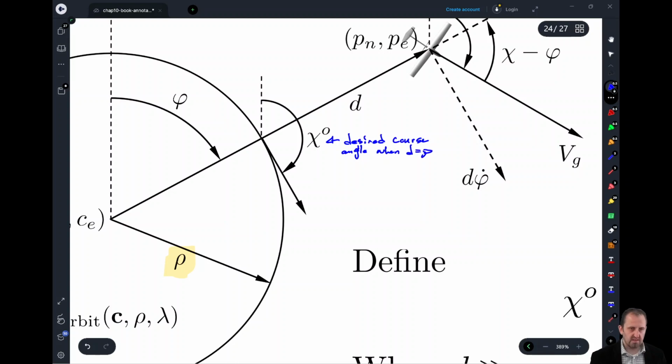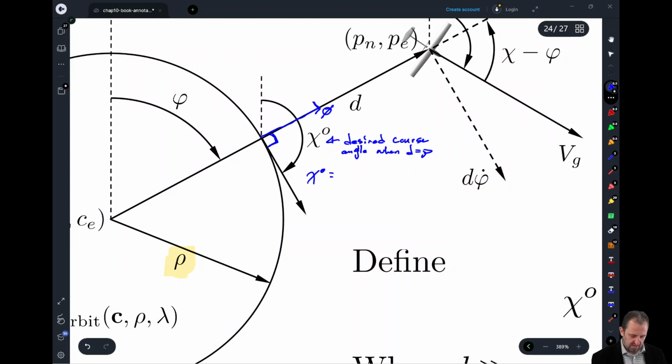So if we're on the circle, it's going to be equal to our chi super naught. Well, what is chi super naught? If we look at the vector defined using phi, it's actually going to be orthogonal to that.